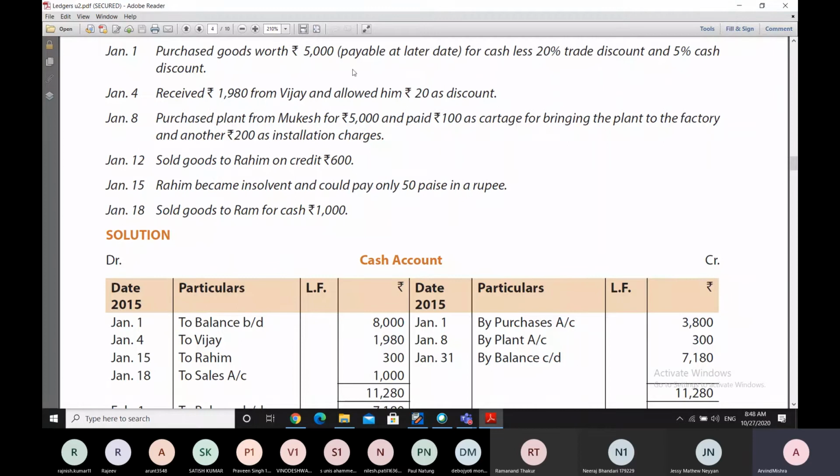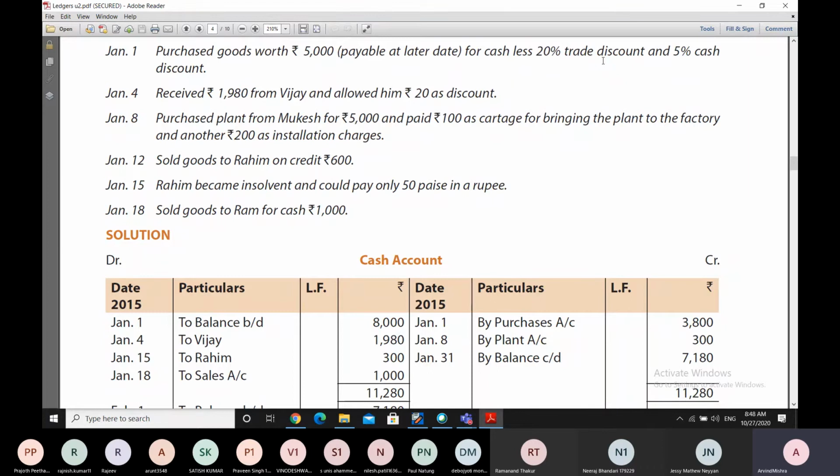The goods were actually worth 5,000 rupees if they had been purchased on credit, but since cash has been immediately paid, the discount of 1,200 is being given. Point to be noted here is that first we make a trade discount reduction, and then on the remaining amount we make a 5% cash discount. We don't just total up 20 plus 5 and say 25%.